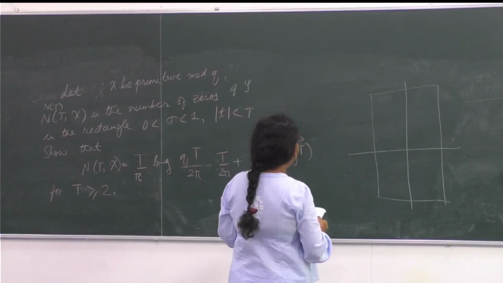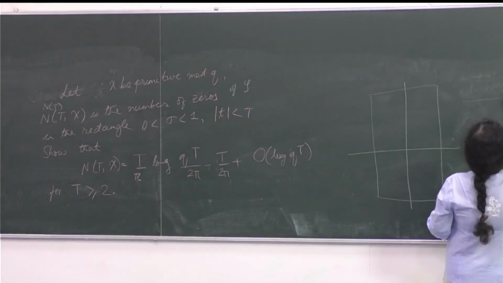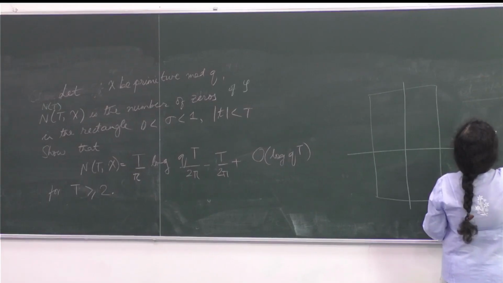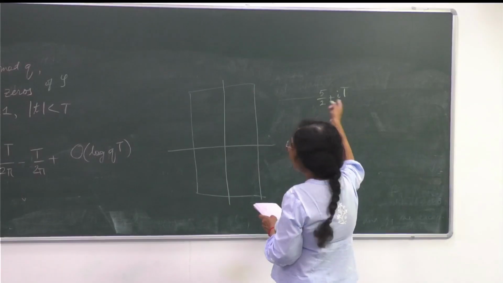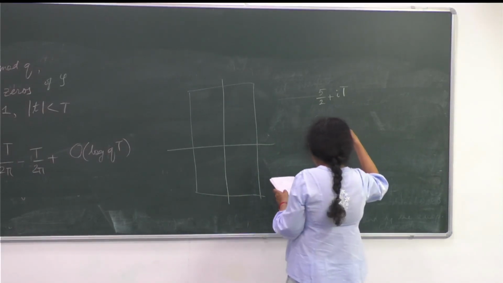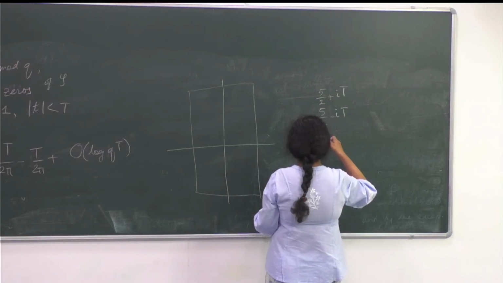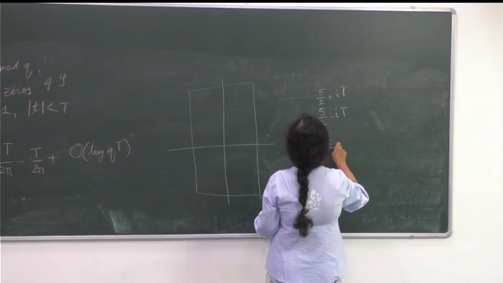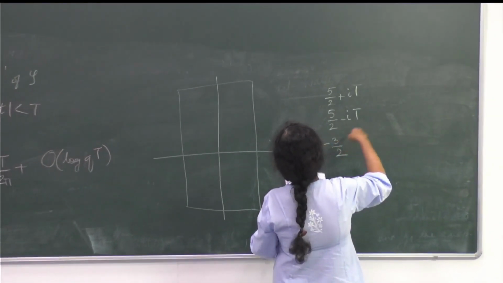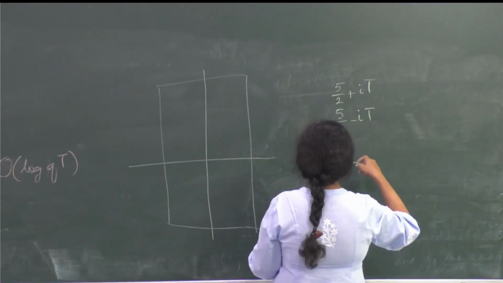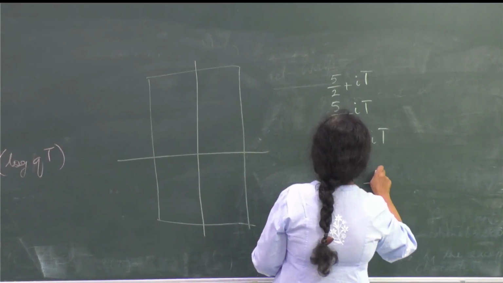So I will take a rectangle R with these points: 5 by 2 plus iT. 5 by 2 is just a little bit bigger than 2, 2.5. You could have taken something else. 5 by 2 minus iT, then minus 3 by 2, which is negative of 1 plus half, plus iT, and minus 3 by 2 minus iT.